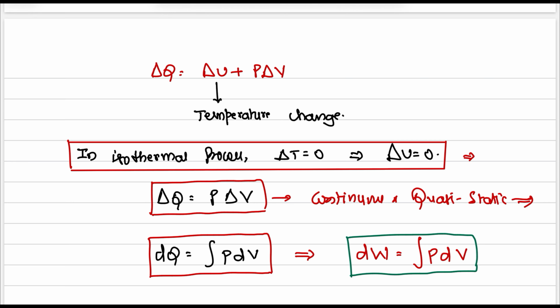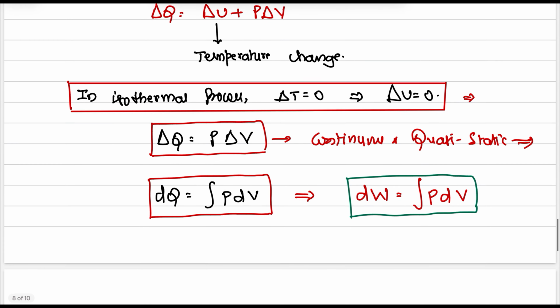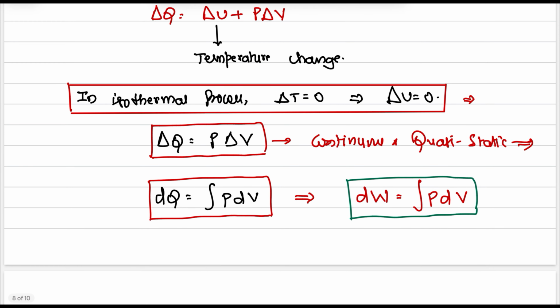That means quasi-static process and continuous process. The process is totally reversible and there are no external agencies to inculcate the irreversibilities. And the temperature is constant.